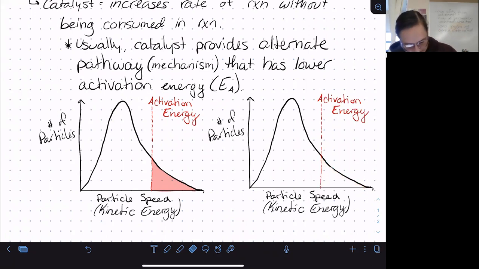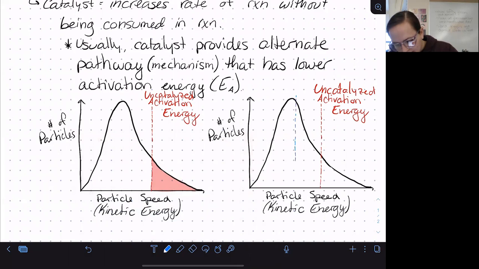So let's say that this is our uncatalyzed activation energy, the activation energy for the reaction with no catalyst added. When we add a catalyst, it's lowering our energy requirement. So maybe my catalyzed activation energy is over here.